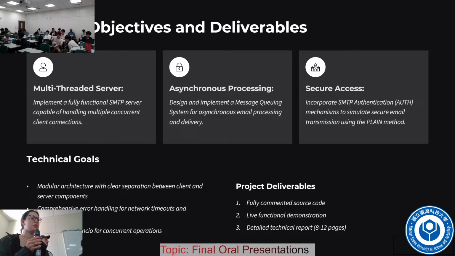Our technical goals for this project were a modular architecture with clear separation between client and server components, comprehensive error handling for network timeouts and disconnections, and threading or async for concurrent operations.